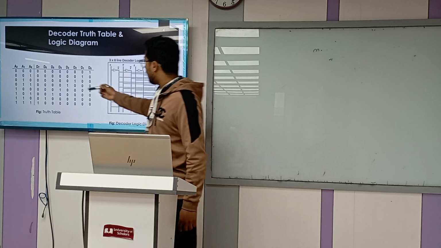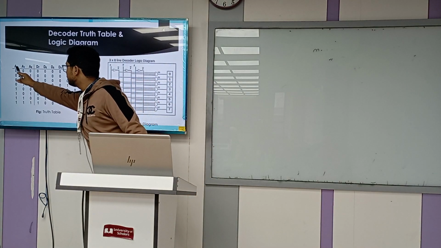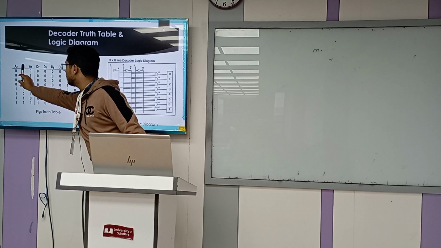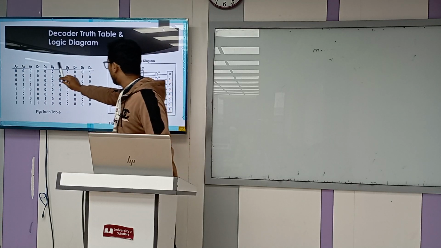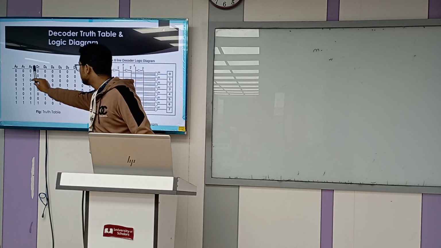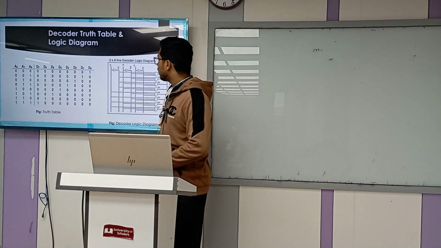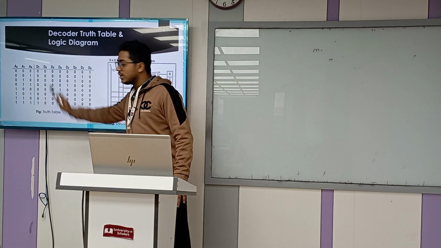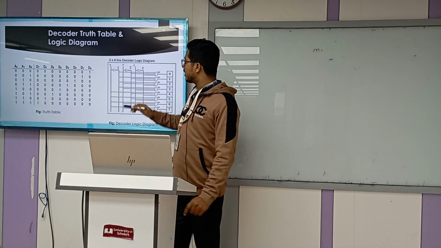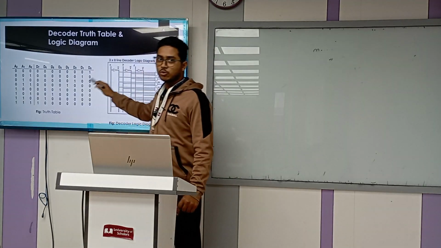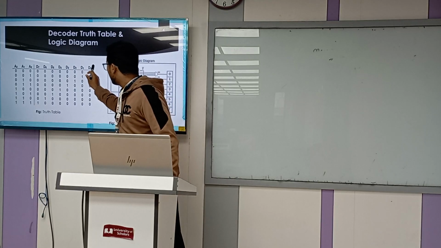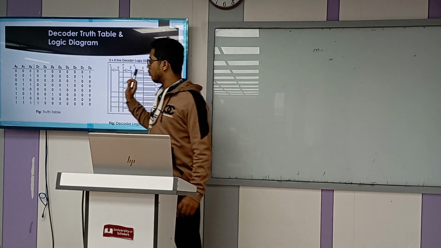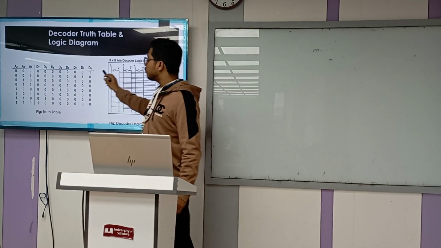You can see our input is three variables, A0 to A2, and the outputs are D0 to D7. When all inputs are high, then we get output 1. When D1 is 1, that means the output is high.